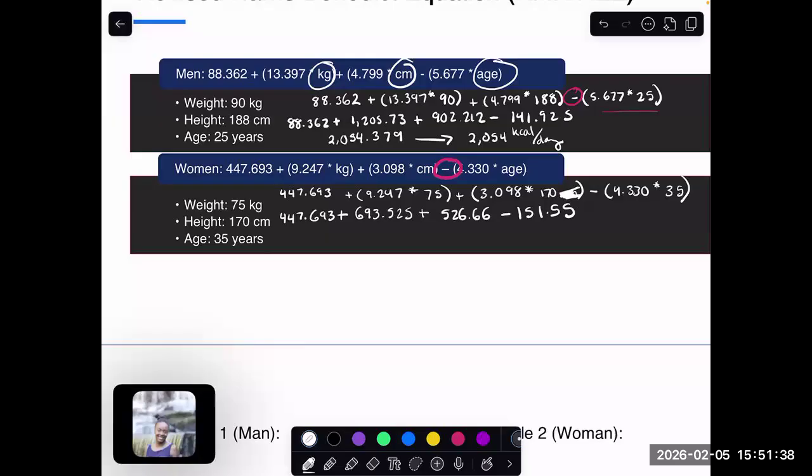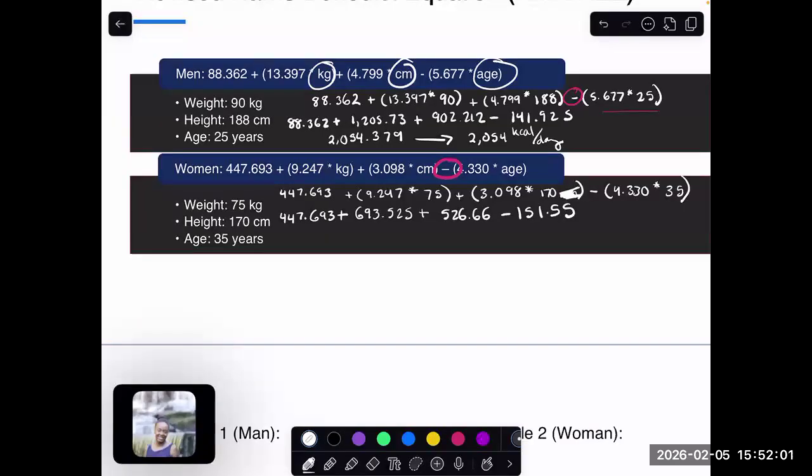So 447.693 plus 693.525 plus 526.66 minus 151.55.